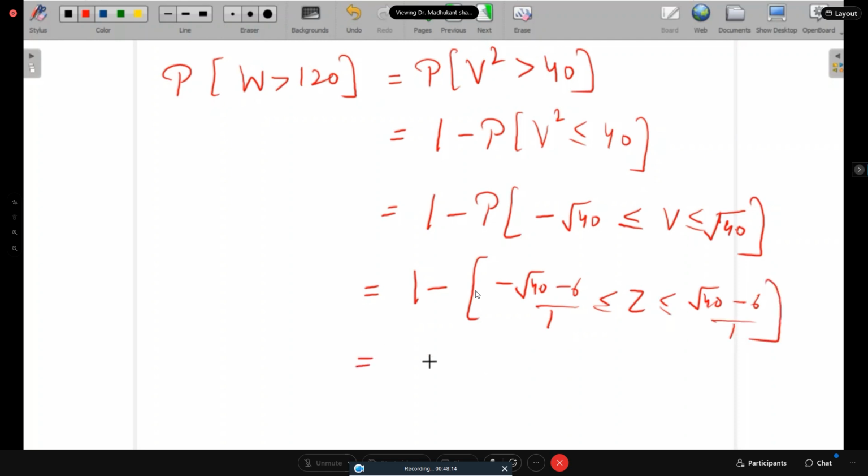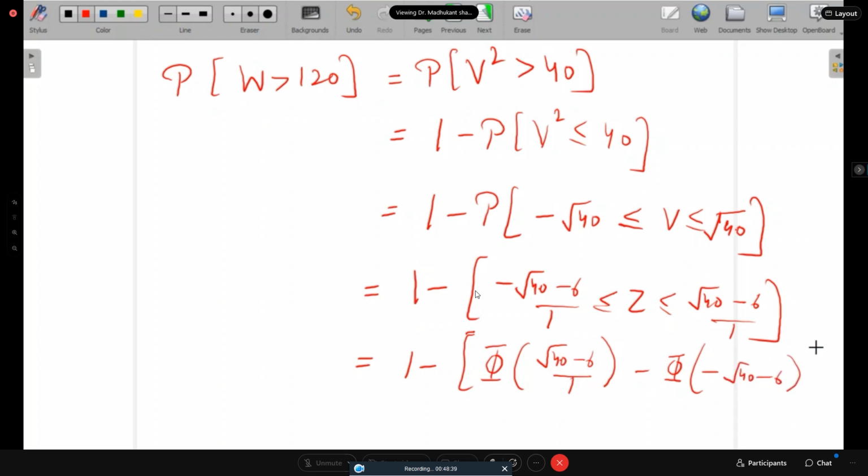This equals 1 minus phi of root 40 minus 6 by 1, minus phi of minus root 40 minus 6.